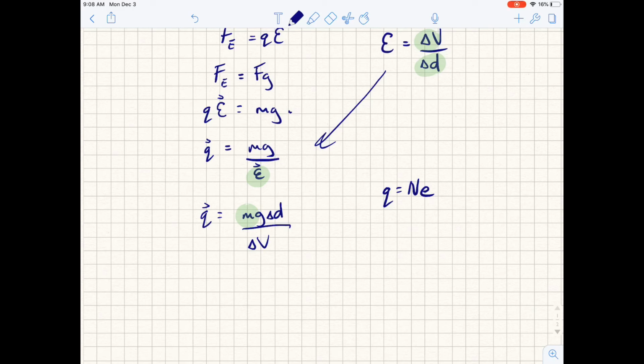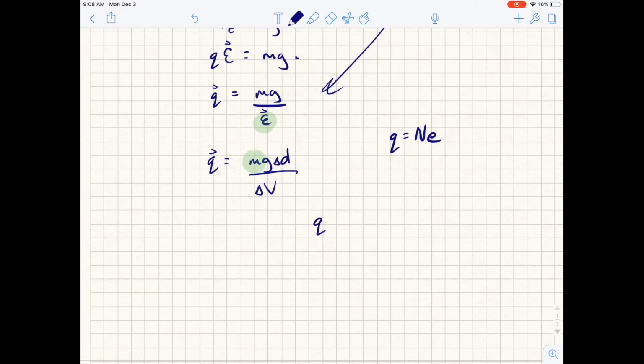And indeed he found, with very minimal wobble due to experimental error, that e, that fundamental charge, was equal to what we now accept to be the charge on an electron and the charge on a proton. These two charges are equal.